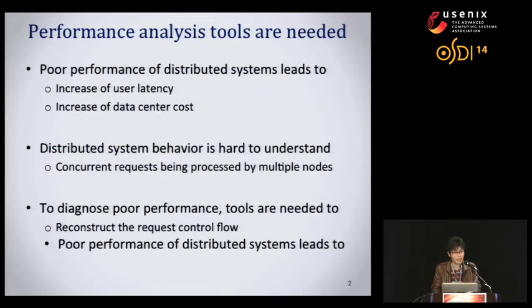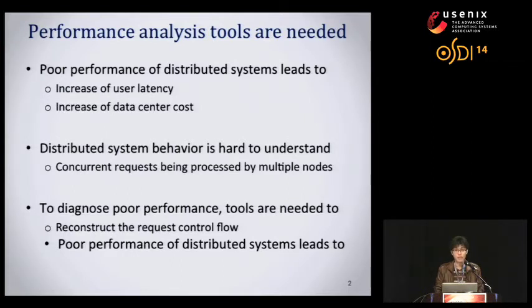Today, large companies rely heavily on data centers, which are built as distributed systems. Poor performance of distributed systems can lead to an increase of user latency and an increase of data center cost. So diagnosing distributed system performance and improving it can reduce its cost.